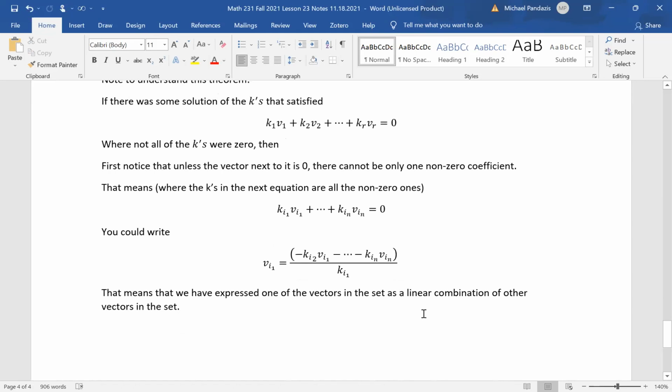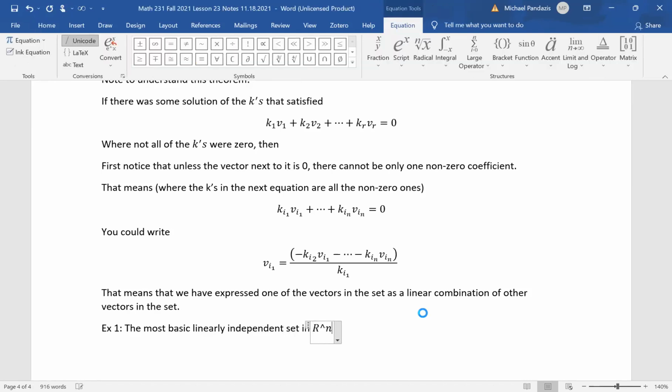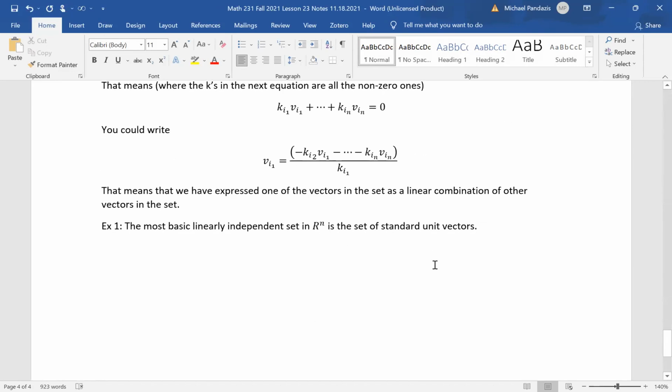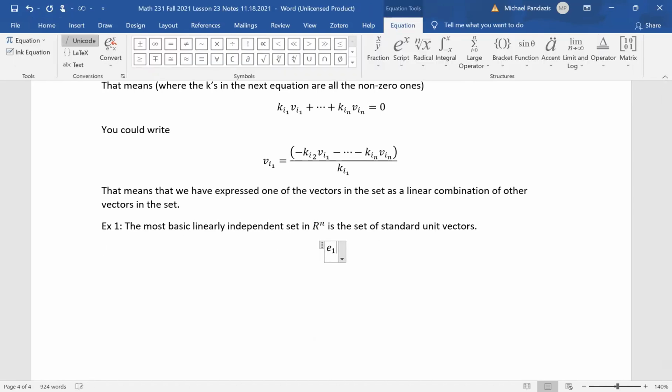Okay. Example 1. The most basic linearly independent set in Rn is the set of standard unit vectors. So you have e1, which is 1, 0, dot, dot, dot, 0.